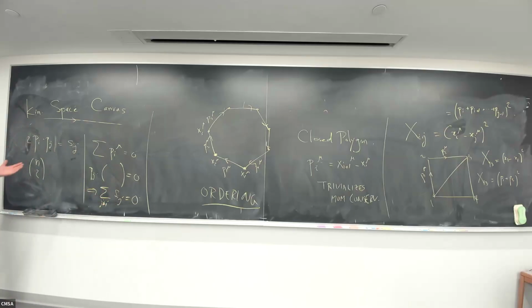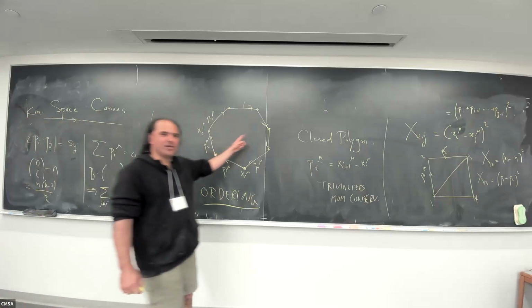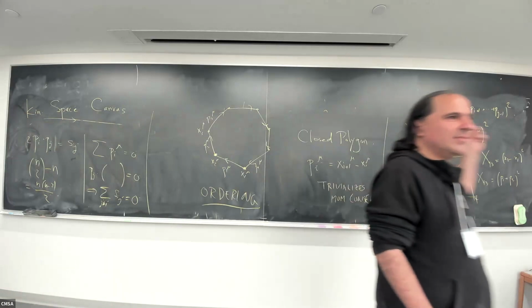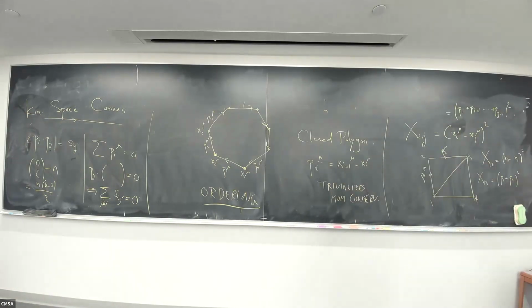So that's the S_ij on the support of this constraint. How many independent variables do we have there? It's n choose 2 minus n, right? Because there's one of these equations for every i. So this is the actual number of equations, n(n-3)/2. But notice this is exactly the same as the number of chords in this polygon. Exactly n choose 2 minus n, right?